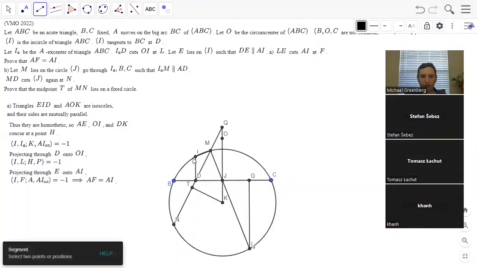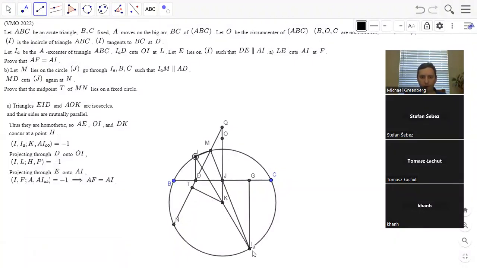So I I_A is a diameter. So we just want to show that as we rotate I I_A, so we rotate point I, and point I_A also rotates. So B, K, C, J are all fixed.